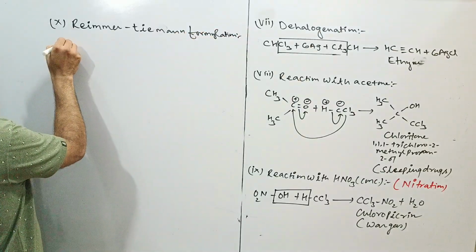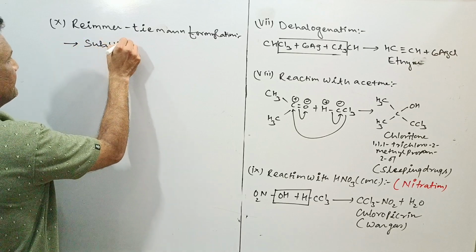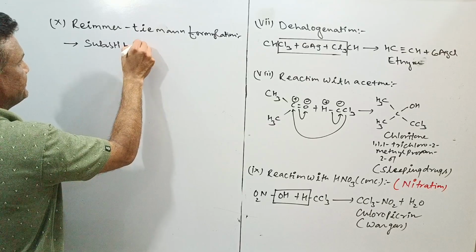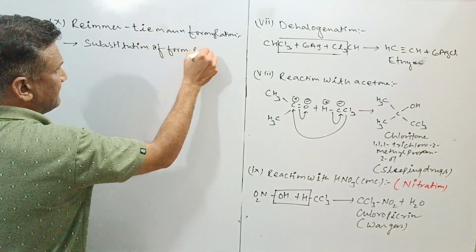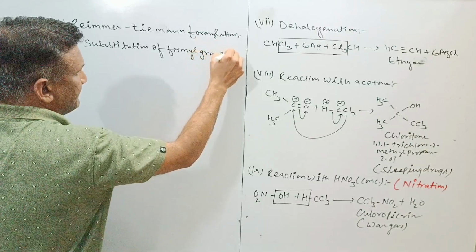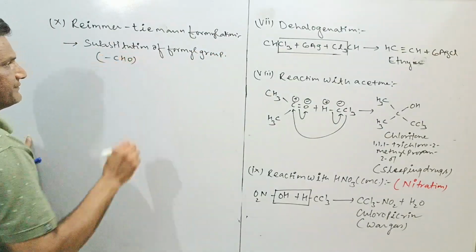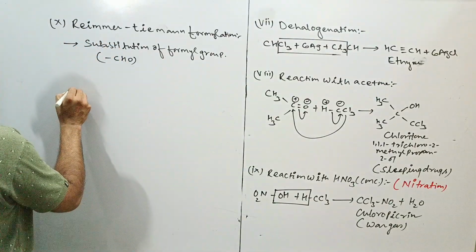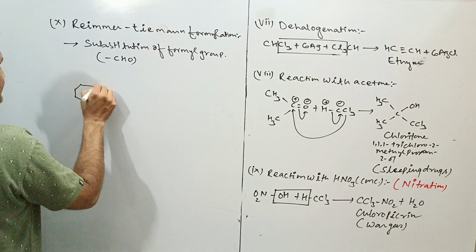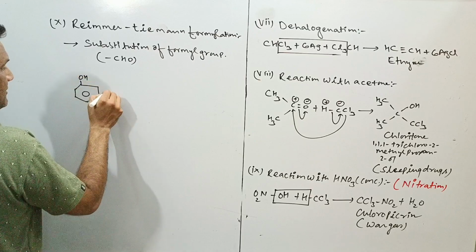It is also called formylation, meaning substitution of a formyl group. The formyl group is CHO. It's called Reimer-Tiemann formylation. Suppose there is phenol, this is the phenol.